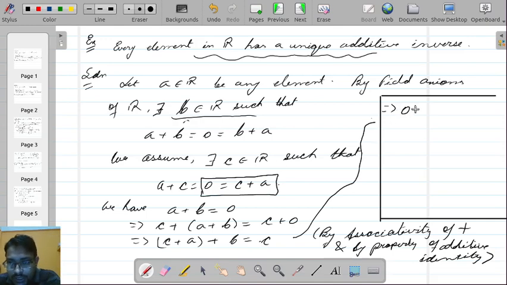So I can write this one as 0 plus B is equal to C. But what is 0 plus B? 0 plus B is again B is equal to C, right? So if there is an element C which satisfies the similar things, then immediately I can show that B and C are actually equal.